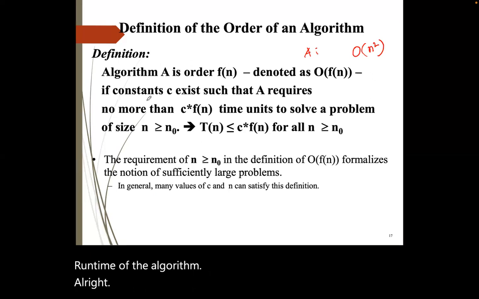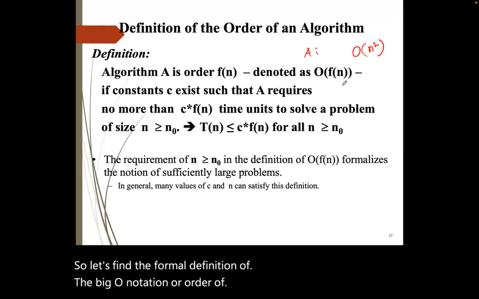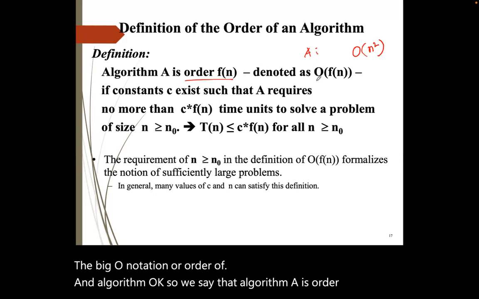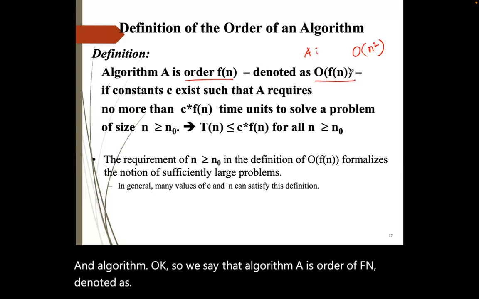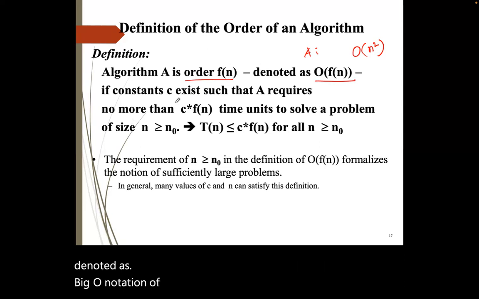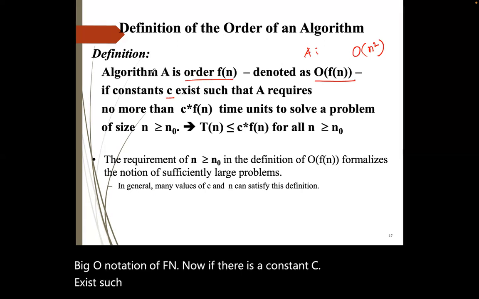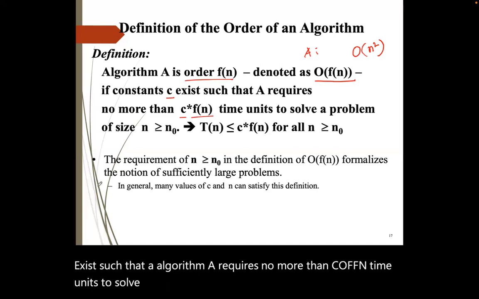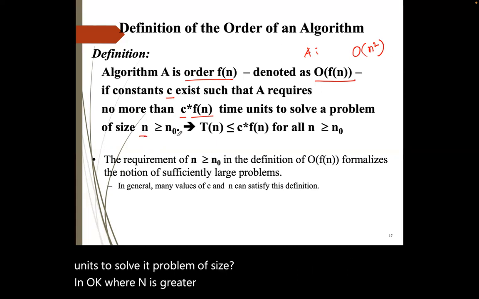So let's look at the formal definition of the big O notation, or order of an algorithm. We say that algorithm A is order of f of n, denoted as big O of f of n, if there exists a constant c such that algorithm A requires no more than c times f of n time units to solve a problem of size n, where n is greater than or equal to n naught.